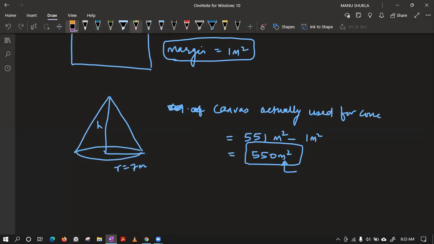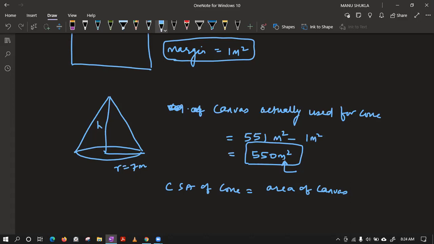Let's take that. So we can say the CSA of cone will be equal to area of canvas, because the same canvas is folded to make the cone without any double layer.